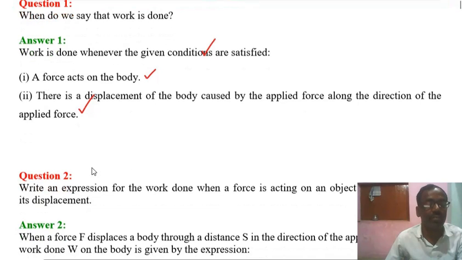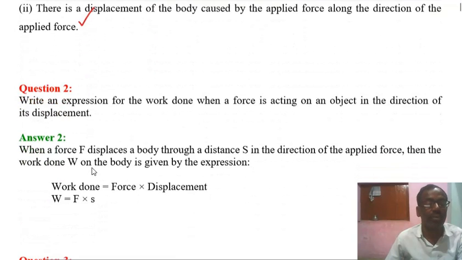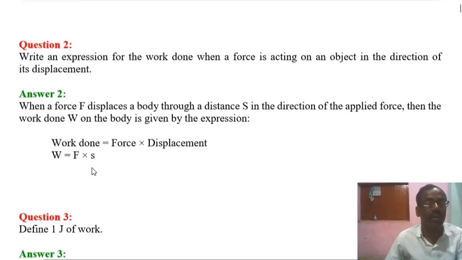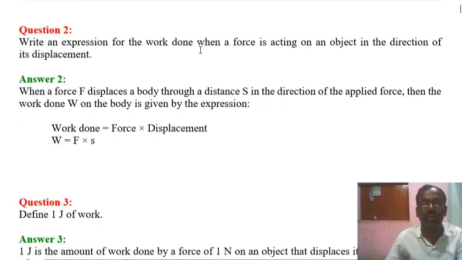Let's see question number 2 of this page. Write an expression for the work done when a force is acting on an object in the direction of its displacement.